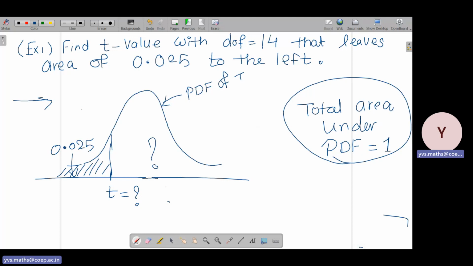That will be 1 minus 0.025, which is 0.975. So this area will be 0.975.